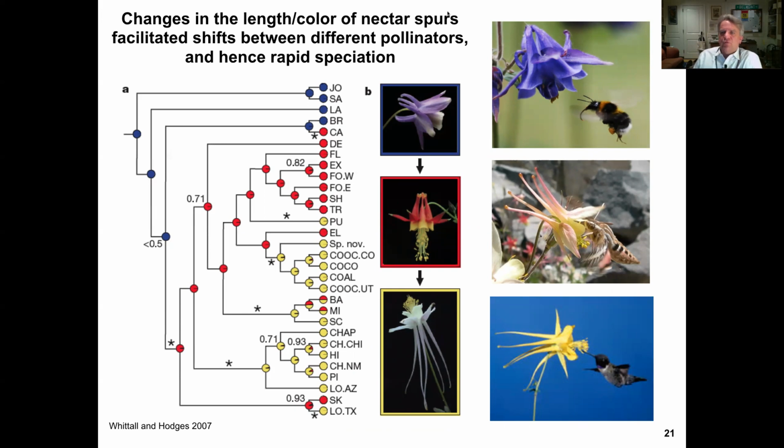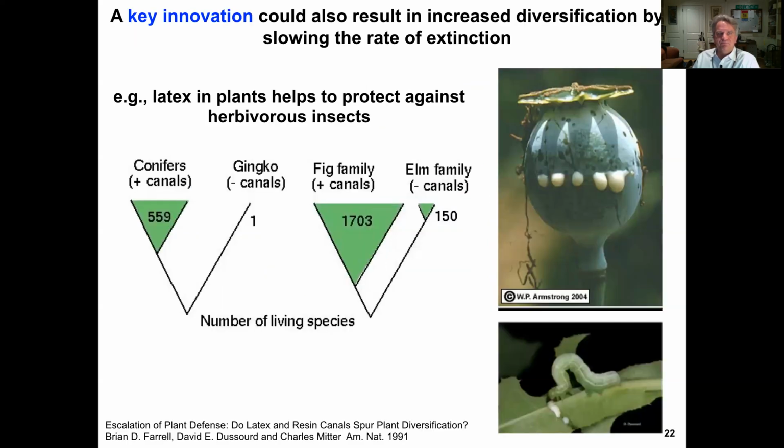The pollinators being long-tongued bees, hawk moths, which have really long tongues, and hummingbirds. And the different pollinators are indicated here with the different colors, that a shift to a hawk moth and a hummingbird pollinator is thought to have facilitated the rapid speciation of those lineages.